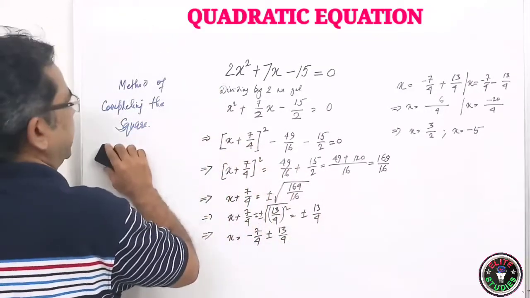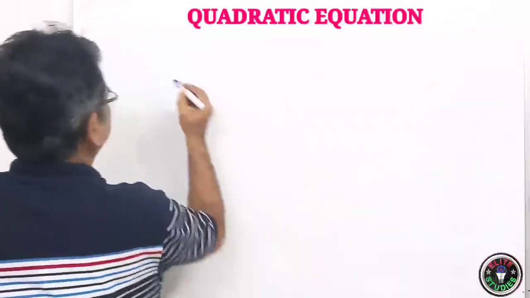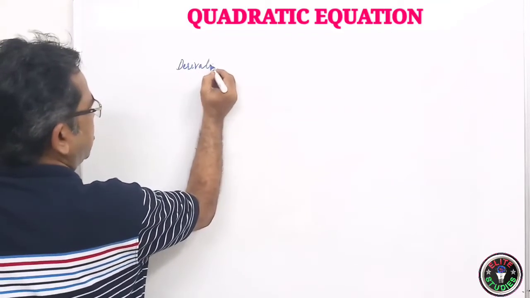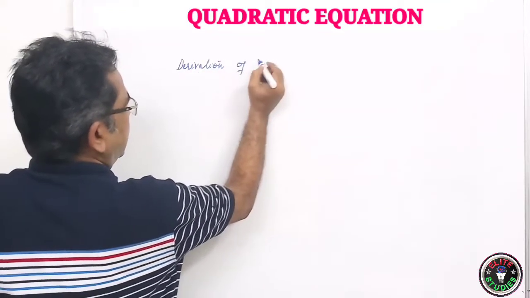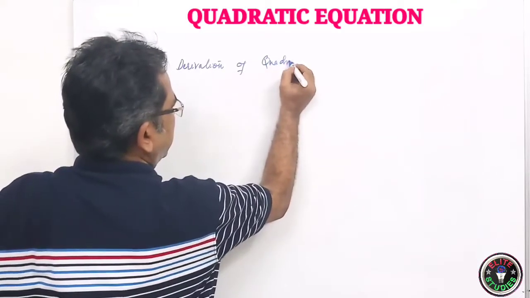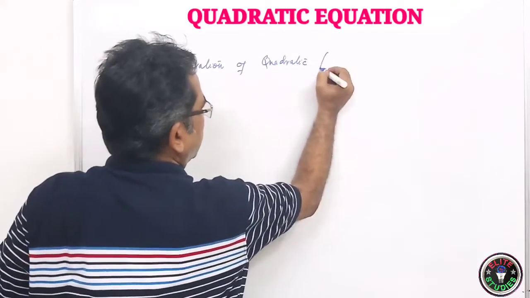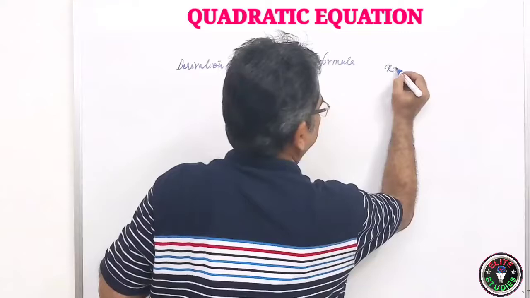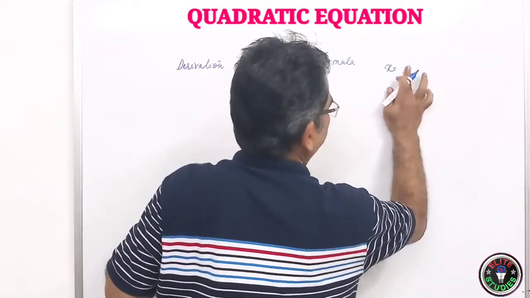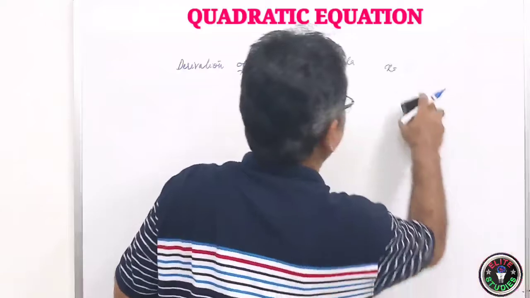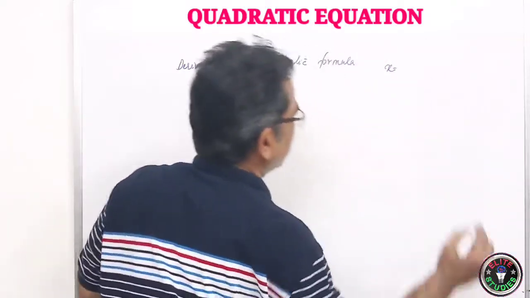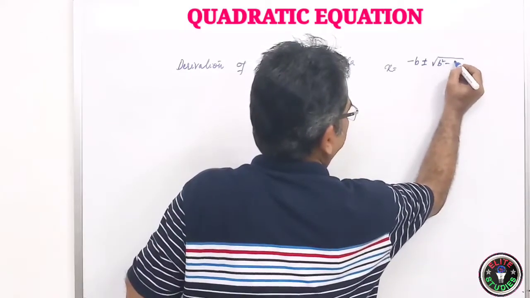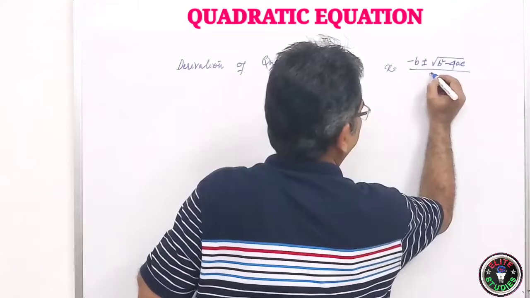Now, we will derive a formula. Derivation of quadratic formula, which is nothing but x is equal to minus b plus minus root over b square minus 4ac by 2a.